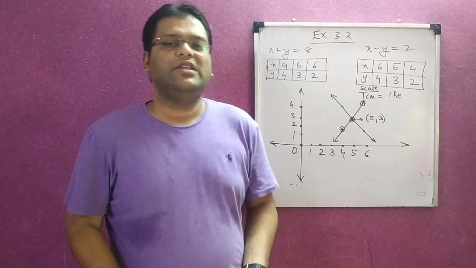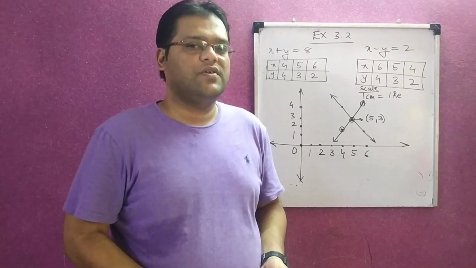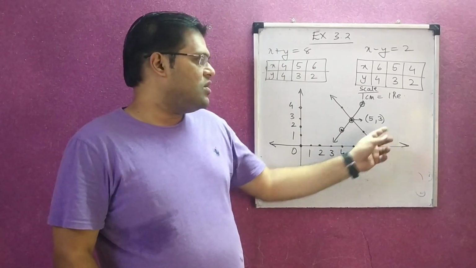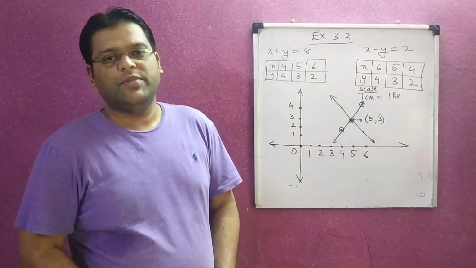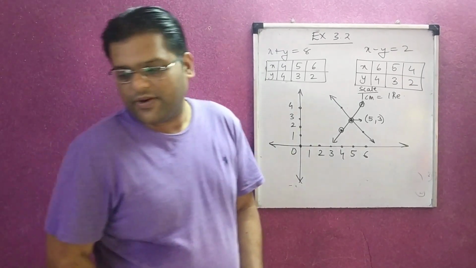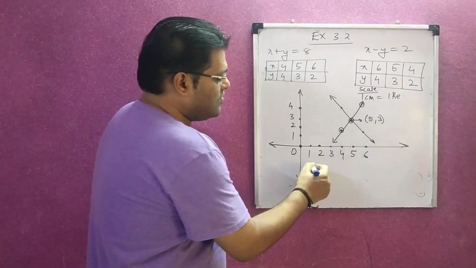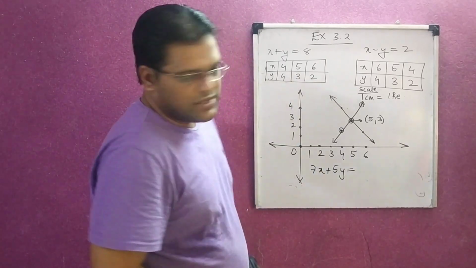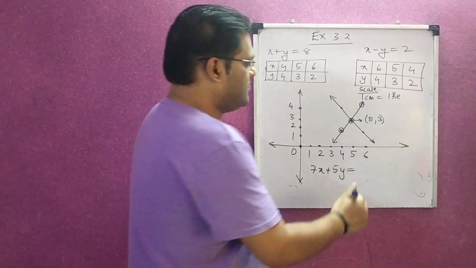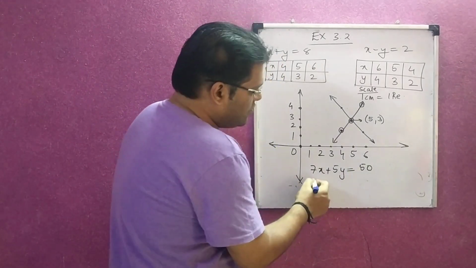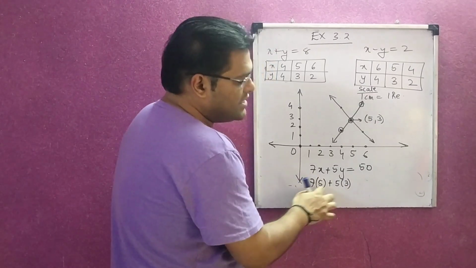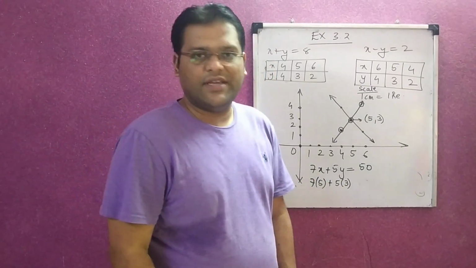We had taken the value for x as the cost of the pen. So cost of pen is rupees 5 and the cost of pencil is rupees 3. Now does it satisfy your equation? First equation was 7x plus 5y equal to 50. So if I go for 7 into 5 plus 5 into 3, I get 35 plus 15, that is equal to 50.